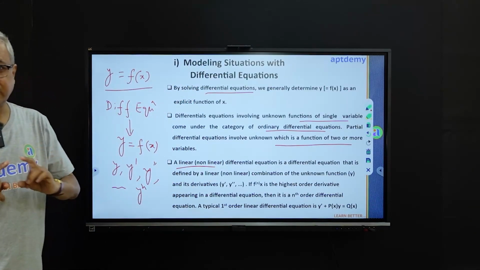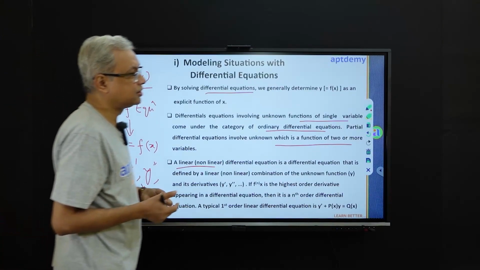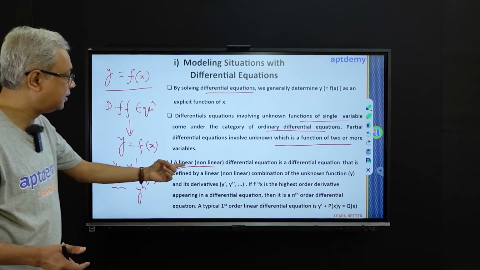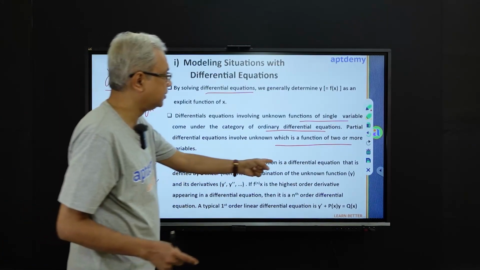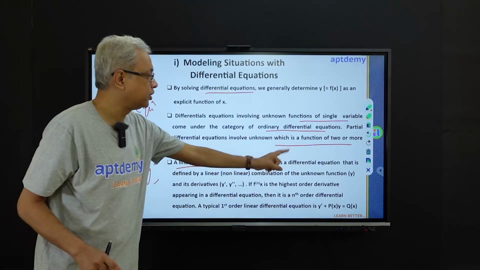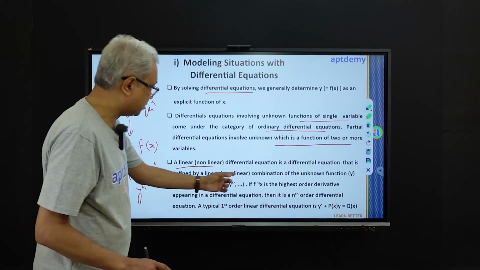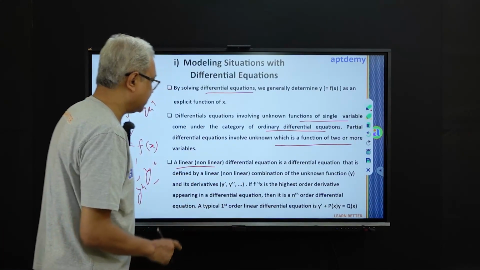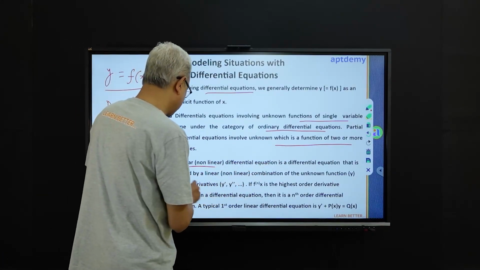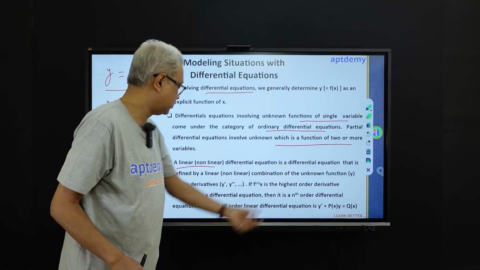If they are connected by a nonlinear relationship, then it is a nonlinear differential equation. So a linear differential equation is defined by a linear combination of the unknown function y and its derivatives, and a nonlinear differential equation is defined by a nonlinear combination of the unknown function y and its derivatives.